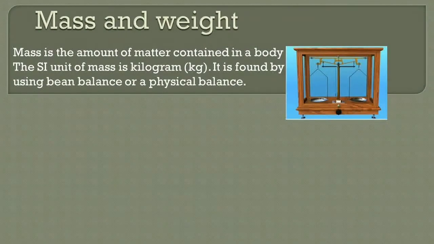So I hope that point is clear about mass. It is a fixed quantity and the SI unit of mass is kilogram, and we can find the multiples and submultiples of that SI unit of mass. So now we will see the weight.